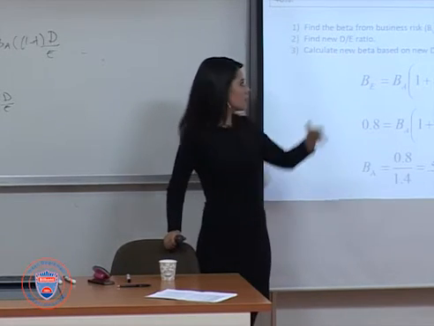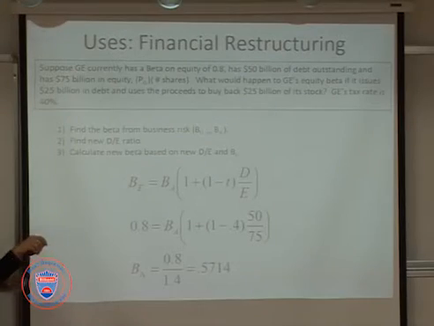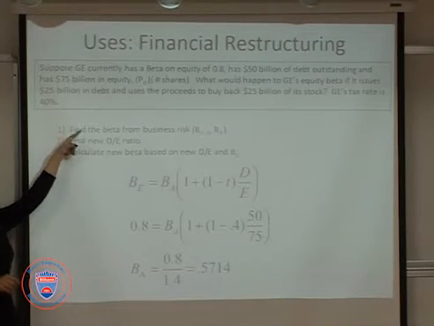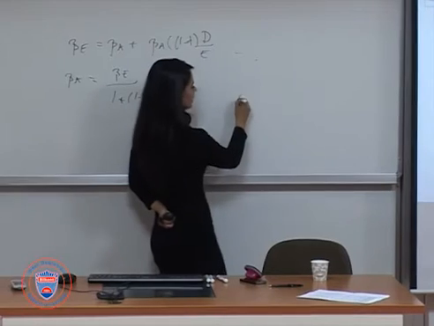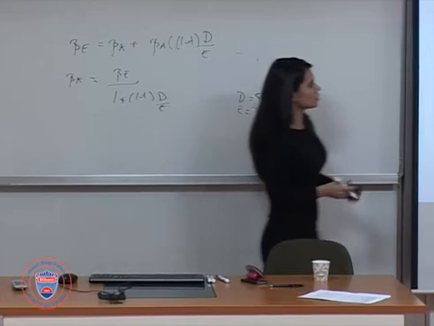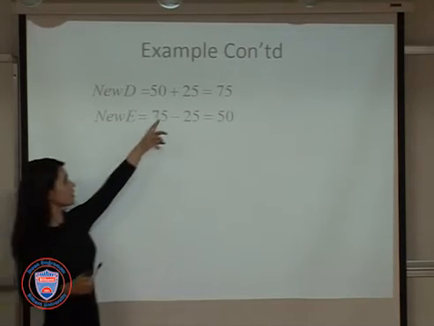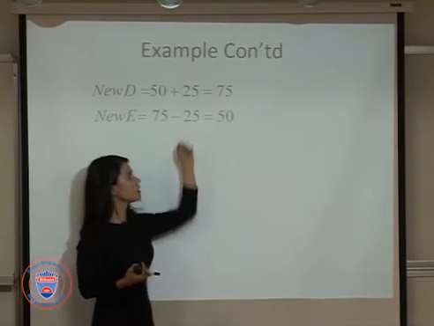Perfect. The second step: find the new debt to equity ratio. The company issues 25 billion in debt and uses the proceeds to buy back 25 billion of its stock. Originally, debt was 50 and equity was 75. Now things are going to change. The company uses more debt, so it's adding 25 billion as new debt.